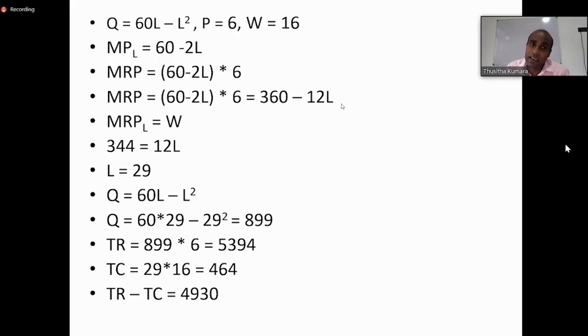So I have done it here. Output is a function of labor, the functional form is 60L minus L squared. Price is 6, wage is 16.